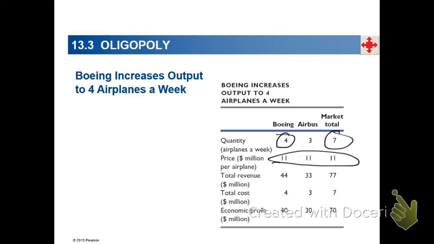After the calculation, this enables Boeing to earn $40 million of profit and allows Airbus to get $30 million. If you pay attention to this example, it is clearly in the interest of Boeing to cheat, to deviate from the agreed quantity.